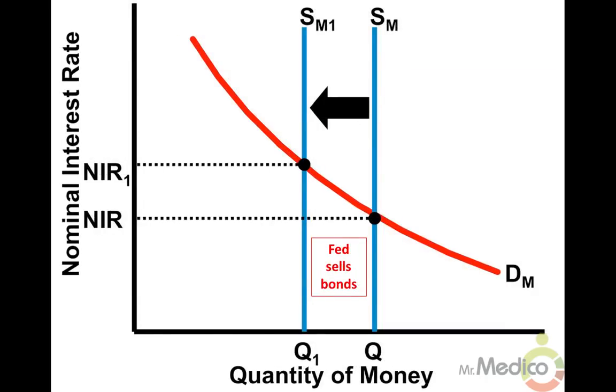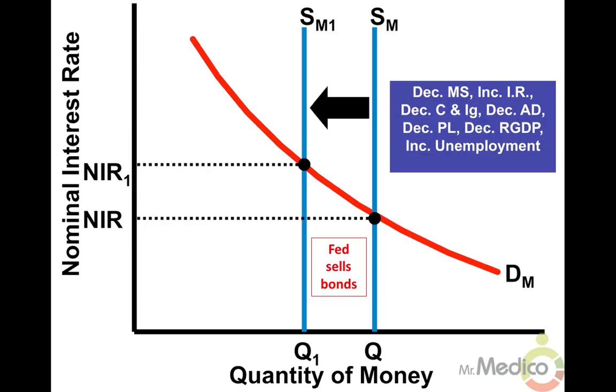A tight or contractionary monetary policy is most appropriate during an inflationary gap in the economy, like demand-pull inflation. If we're concerned about high prices, the Federal Reserve can take some of that money out of circulation and put it on its balance sheet. So when the Fed sells bonds, it's taking money out of the financial sector, making money more scarce.